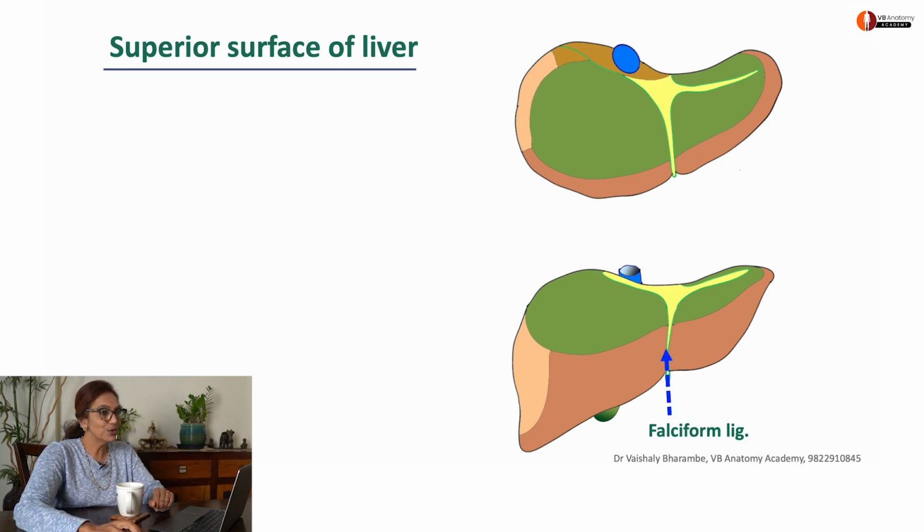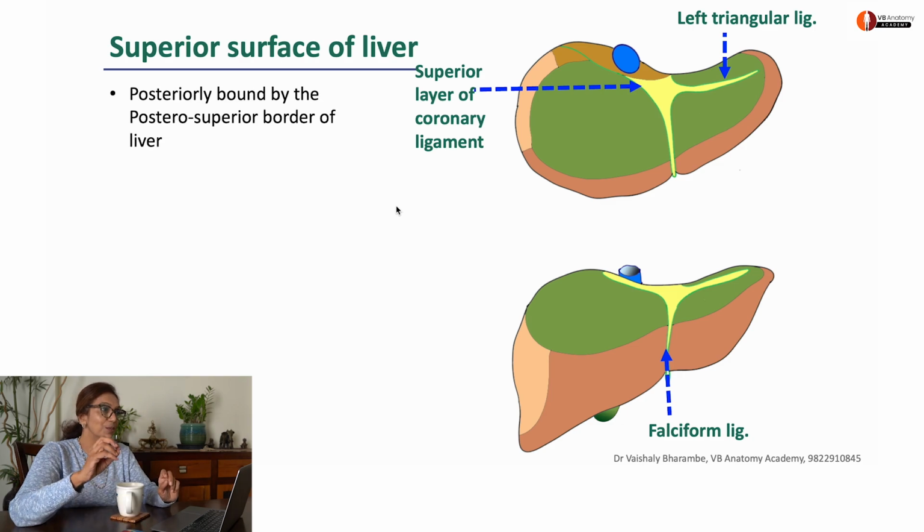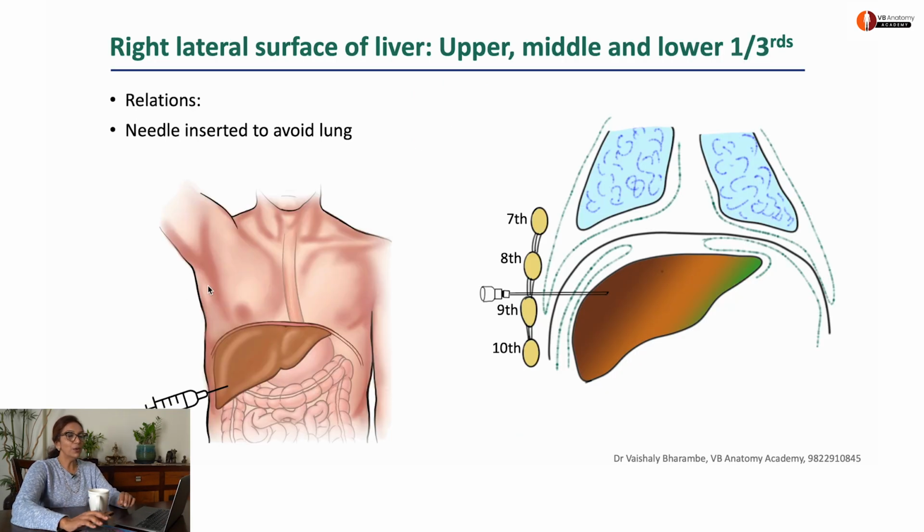The layer that goes to the left forms the left triangular ligament. The layer that goes to the right forms the superior layer of coronary ligament. And this border that you're seeing is the posterior-superior border of liver, which is the posterior boundary of the superior surface of liver.